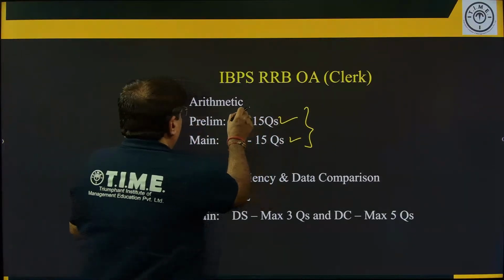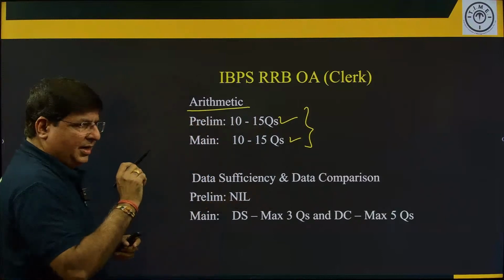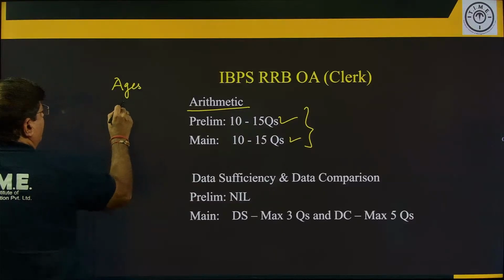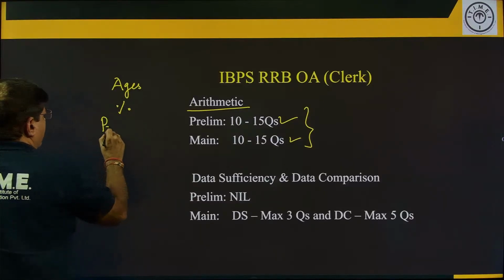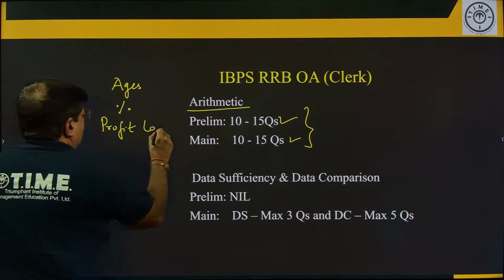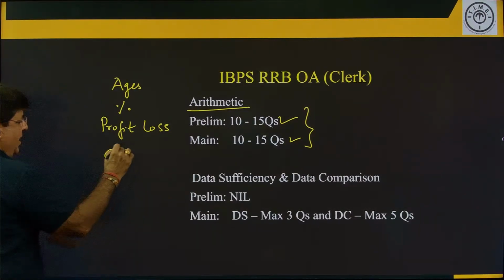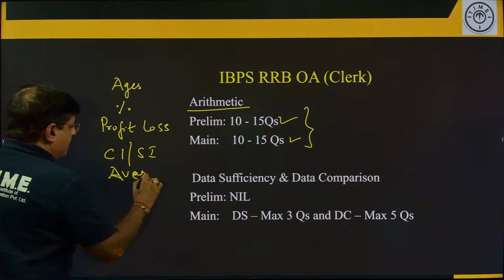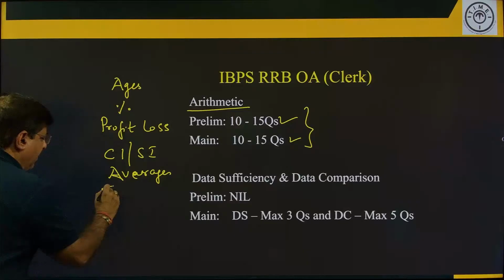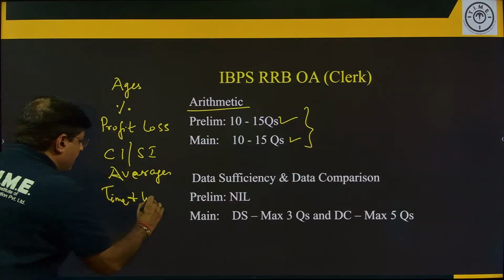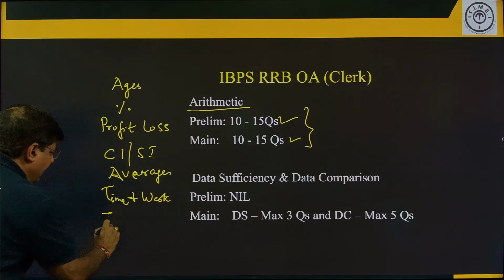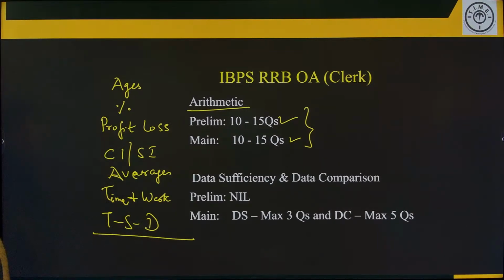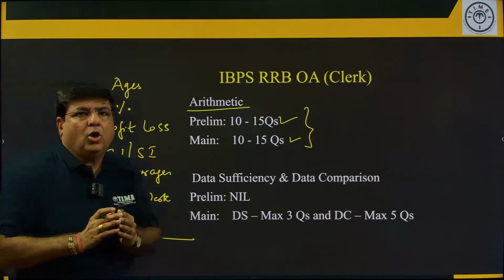Some of the important topics in arithmetic that you have to focus on: one is ages, then percentages, profit and loss, simple interest and compound interest, averages, then time and work, time, speed, distance. These are some of the topics where you need to work out the fundamentals first and then go on to problem solving.